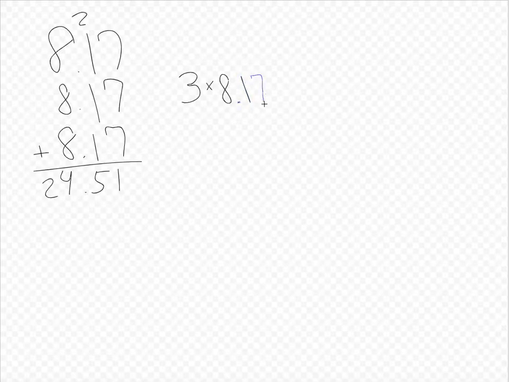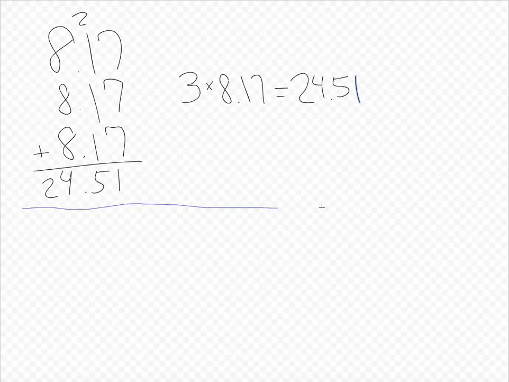There we go. 3 times 8 and 17 hundredths equals 24 and 51 hundredths. We'll look at the algorithm on how to compute this without having to do all this addition on another day. But this is also a way that you might interpret decimal multiplication.